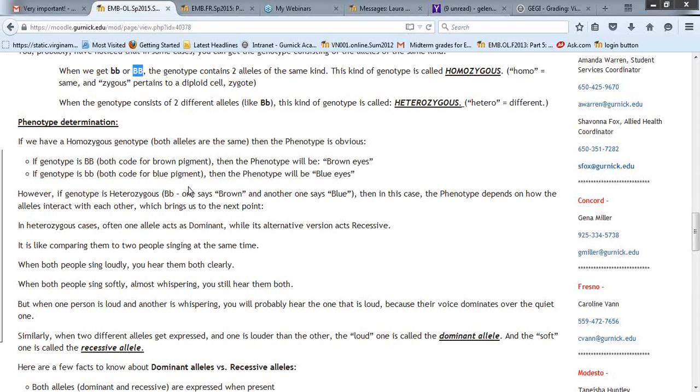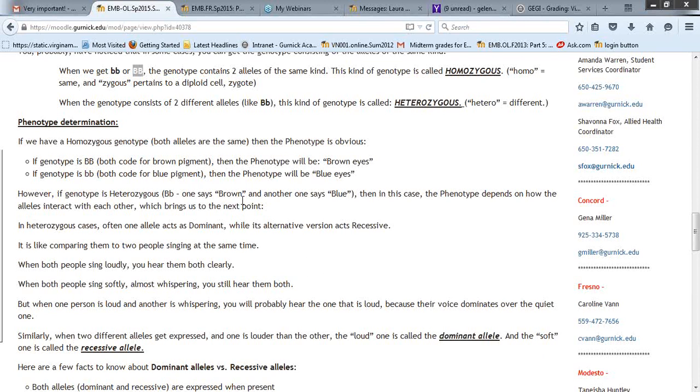However, when the situation is heterozygous, when you have two different alleles that you've inherited, then you have to look at how these alleles interact with each other. Because in a homozygous genotype, the phenotype is pretty straightforward. In a heterozygous genotype, you have to look at how the alleles interact with each other.